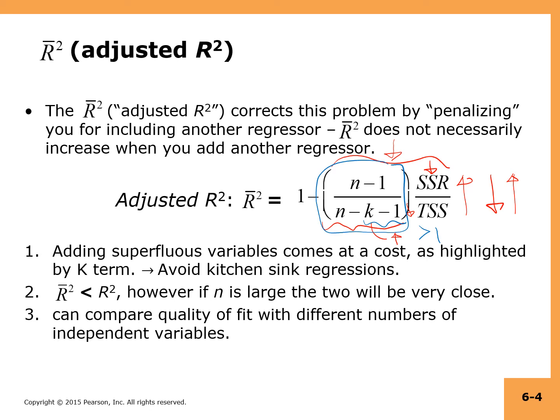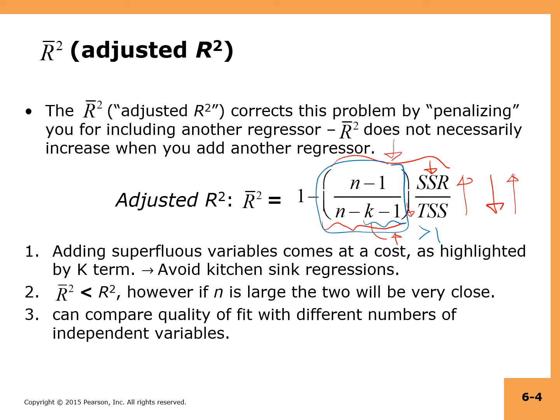What this means is that adjusted R-square would always be smaller than or equal to R-square. But if n is large enough, then n minus 1 and n minus k minus 1 become almost the same, so adjusted R-square and R-square also become almost the same.